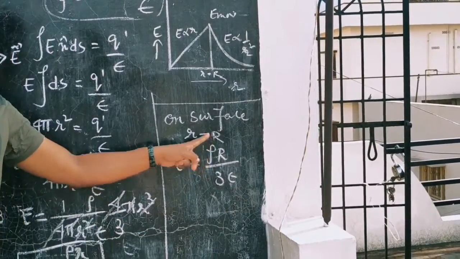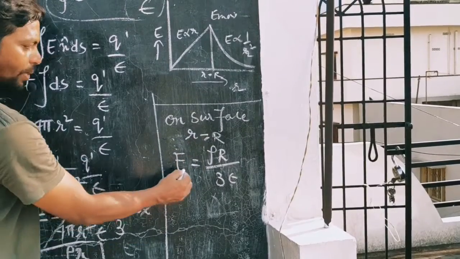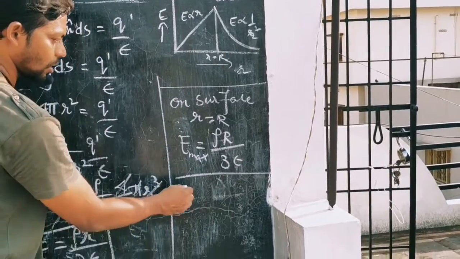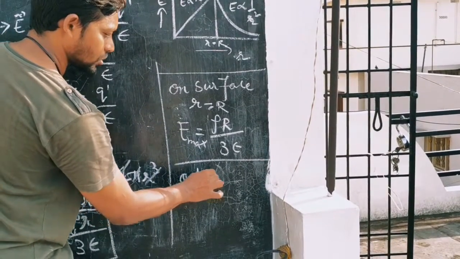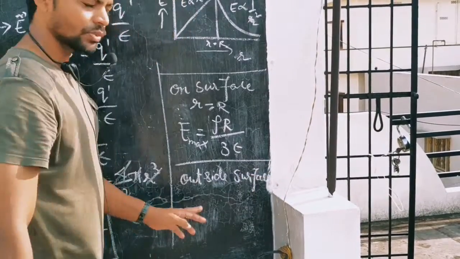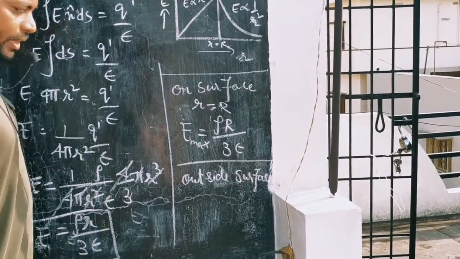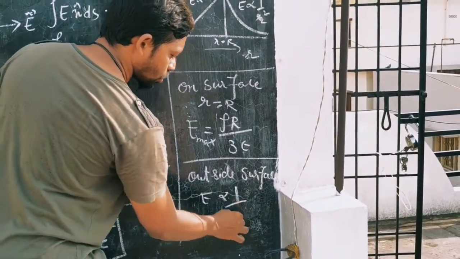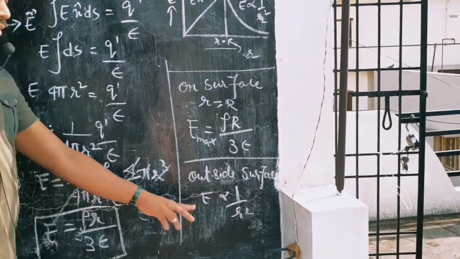Since capital R is bigger than small r, this value is maximum, right? Outside the surface, we already derived earlier that E is inversely proportional to r square, right?